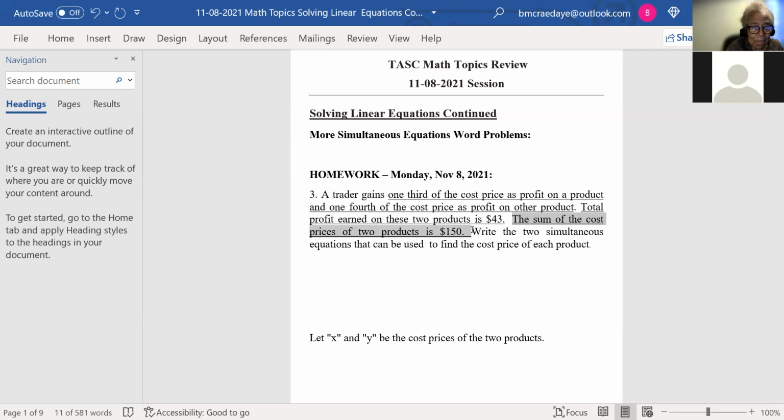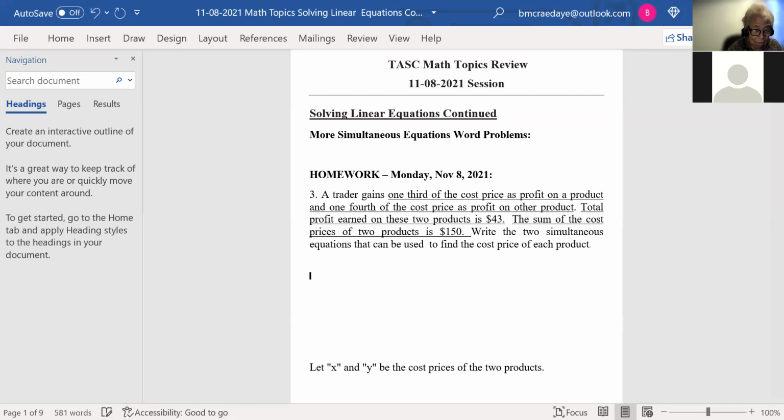Now, let's just say we'll take some variables here. We'll use X and Y. So we'll say let X equal, what do we want to let that equal to, Maureen?